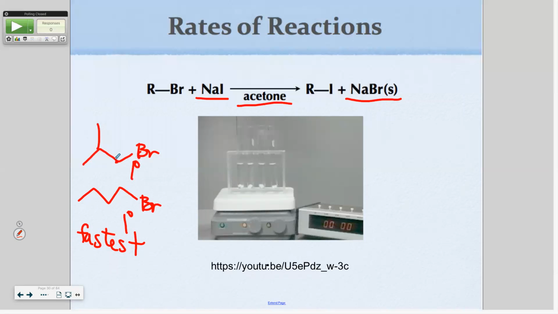How many carbons is this carbon attached to? One. It doesn't matter what this one is over here. Only that one counts. Okay, it's primary. This one is still primary, but the second one was slower than the first one, even though they were both primary. Okay, what was our third slowest? What kind of alkyl halide was this one?